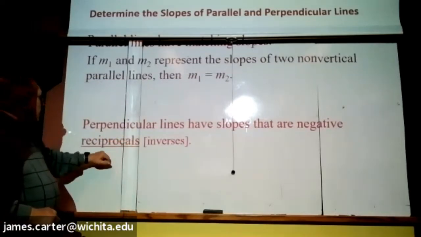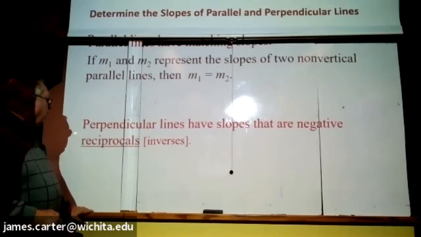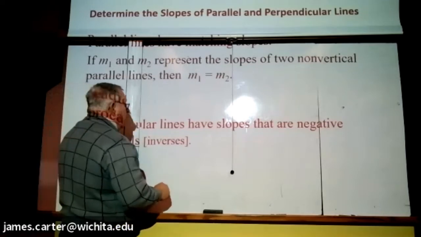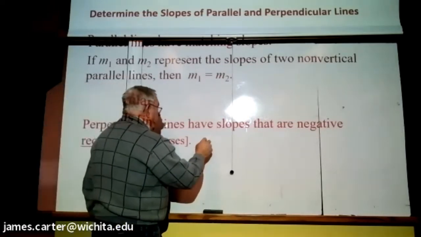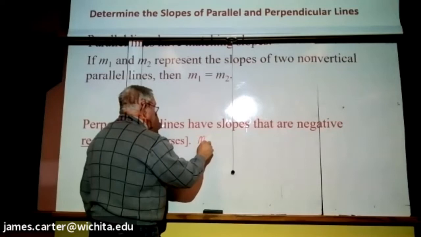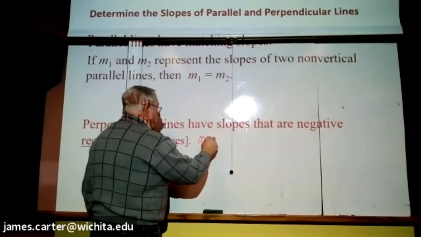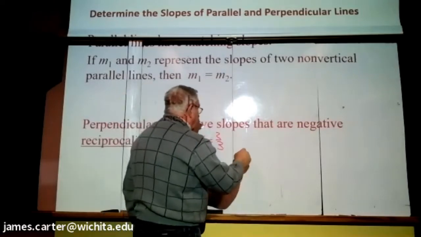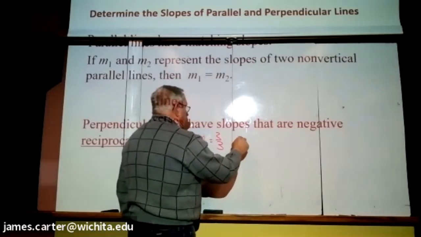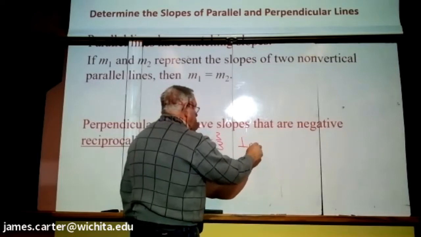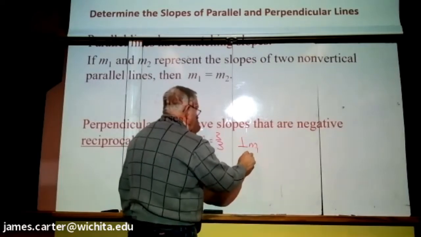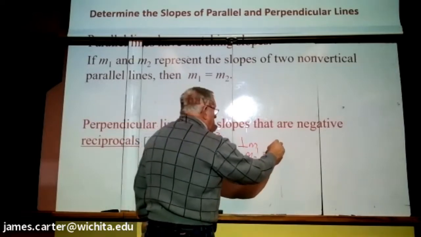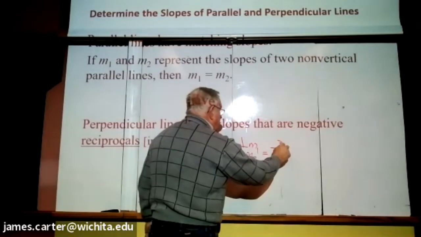Perpendicular lines are slopes that have negative reciprocals. Now, what do I mean by that? If the first slope is 2/3, if they are perpendicular, the perpendicular slope to that, which we'll call M2, would be -3/2.